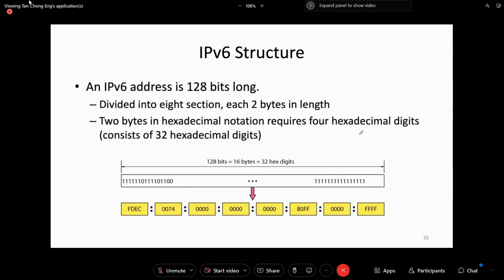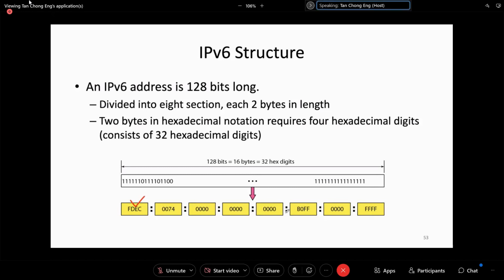And same thing here, IP version 6 is 128 bits long. It comes with 8, not to say octets, so yeah, 8 bytes. Sorry, 16 bytes. On each digit, we call it 1 byte.